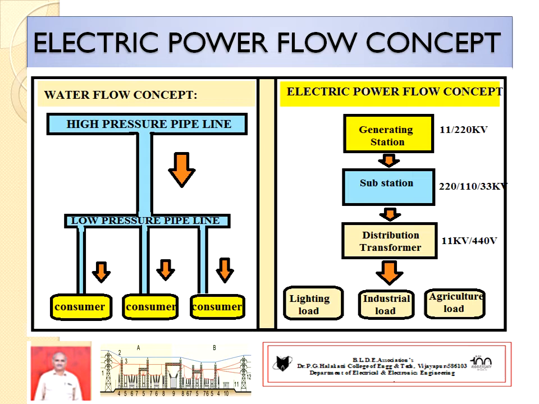So before going to the actual concept, we can understand how electric power flows, and then go for T&D and the typical power system. It is a very simple concept. First we have to understand the water flow concept. Generally water flows from high pressure or a high hill area to lower areas.